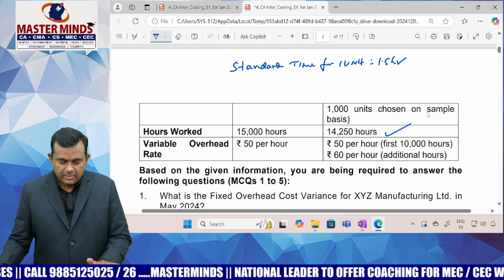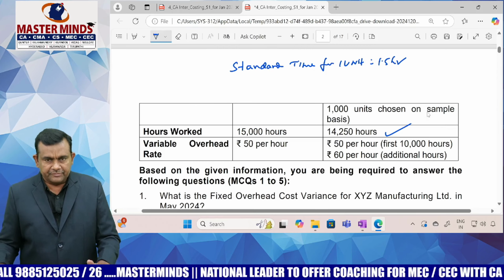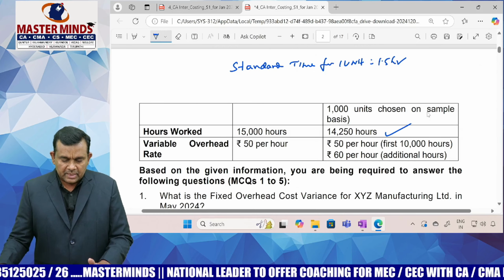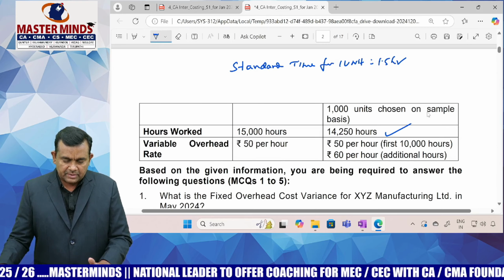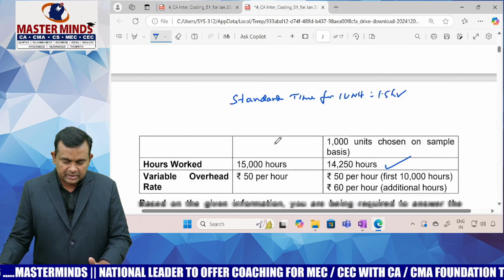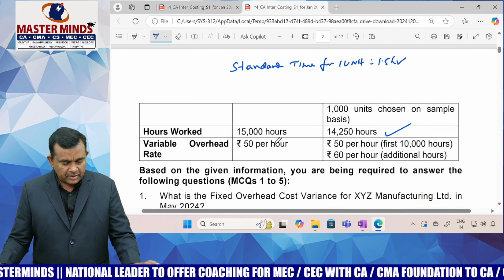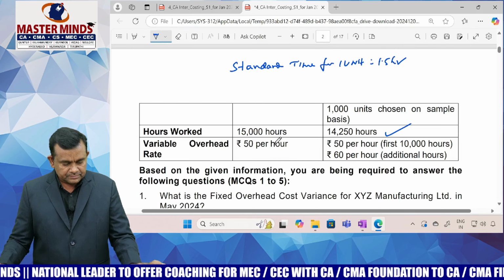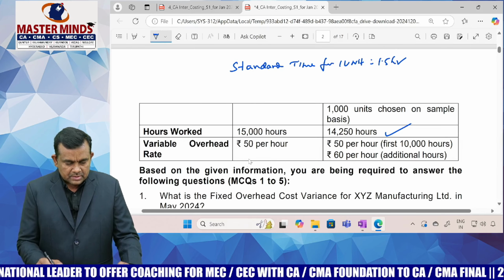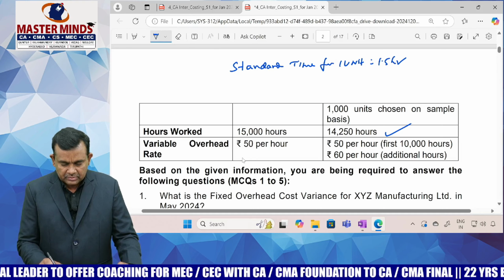Next, variable overhead rate, sir, 50 rupees per hour. Therefore, budget VOH cost equals 50 into 15,000, that is 7 lakhs 50,000.